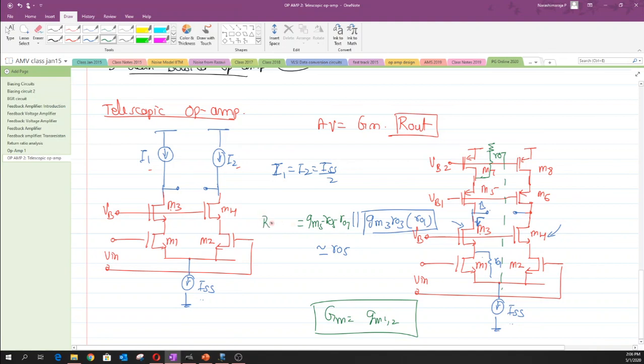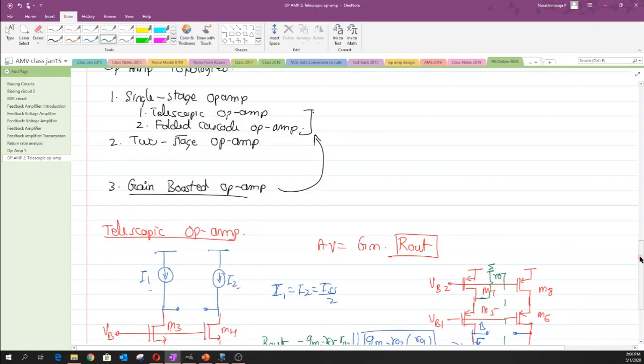So now this output impedance is quite a lot larger compared to the nominal structures that we had earlier, which is what we had discussed, right?